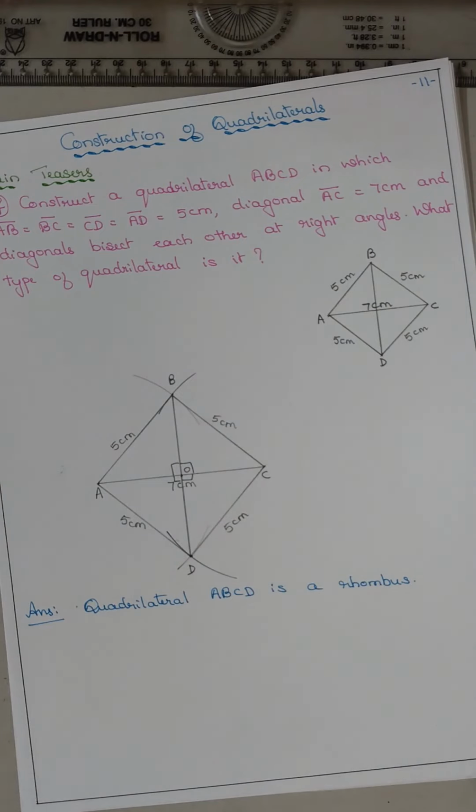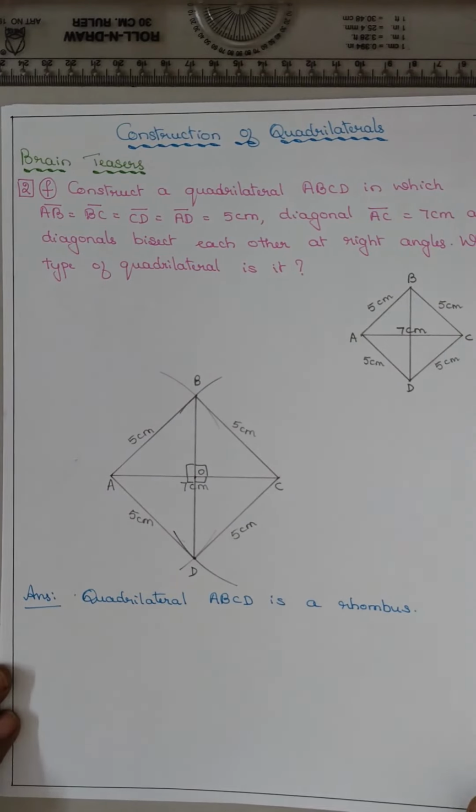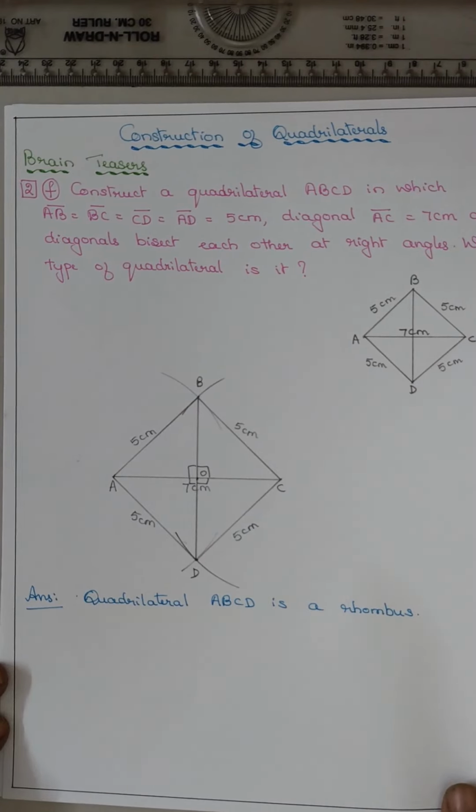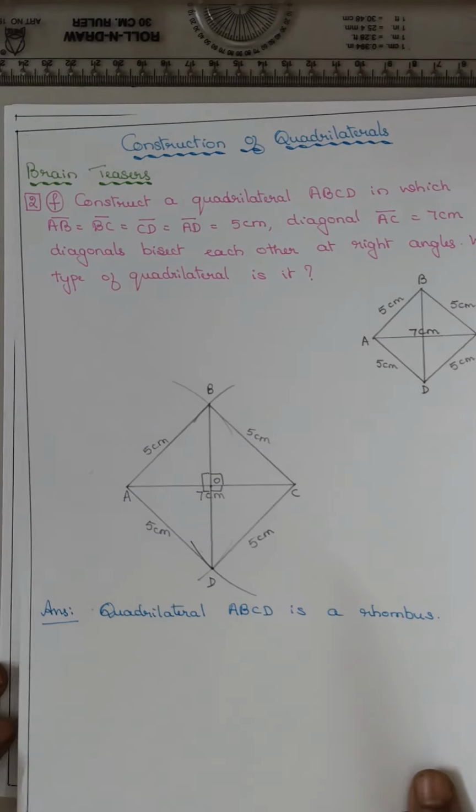That is why it is a rhombus. Hope you are clear with this topic. First draw according to the first method and then say which type of quadrilateral. All sides are equal and the diagonals bisect each other at right angles, then it is a rhombus.